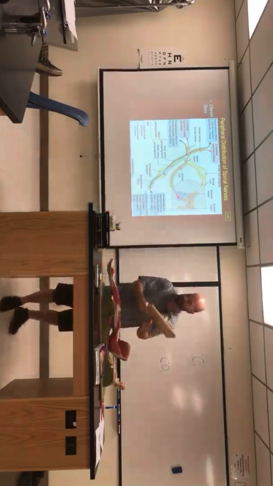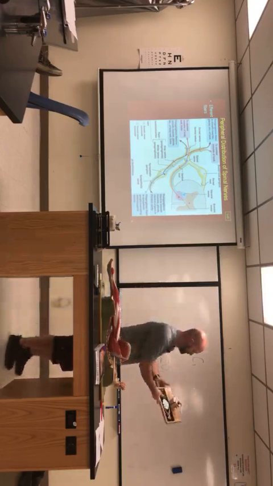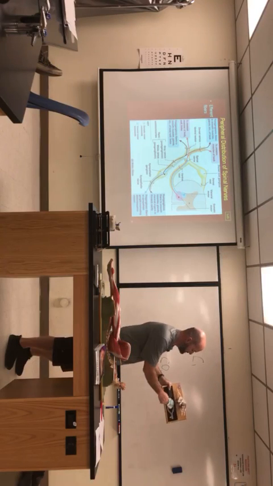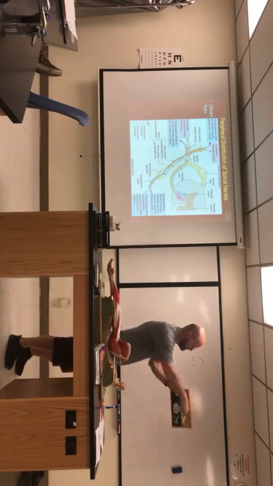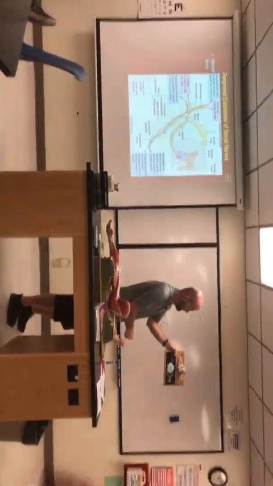This model actually does a pretty realistic job with the rami. So here's anterior, posterior, dorsal root ganglion, ventral root. You can see those two roots come together and form this very short spinal nerve.